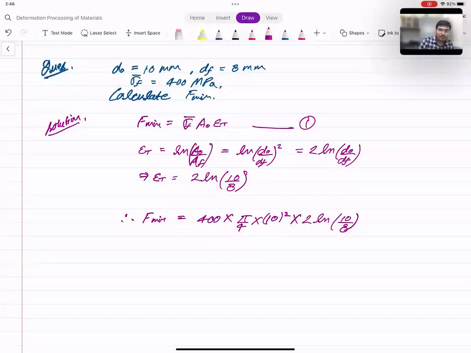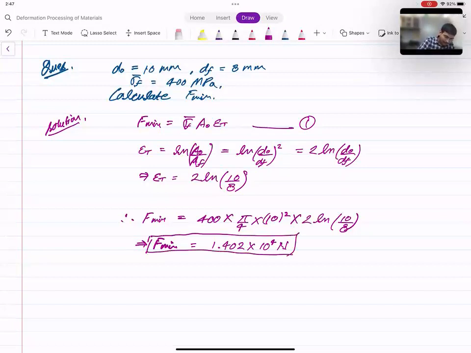Okay, so upon solving this equation, we get F minimum is nothing but 1.402 into 10 to power 4 Newton. So this again gives us the value of minimum force required.